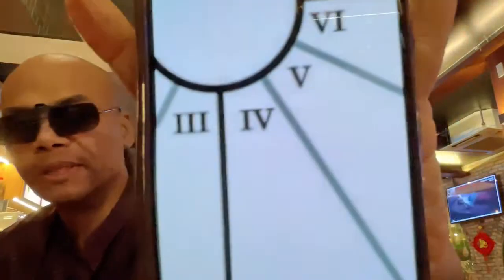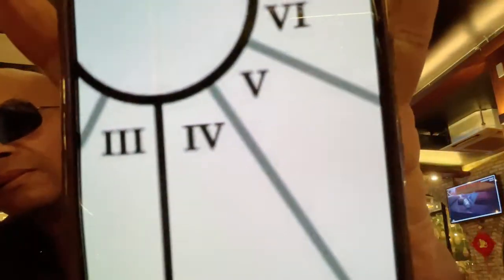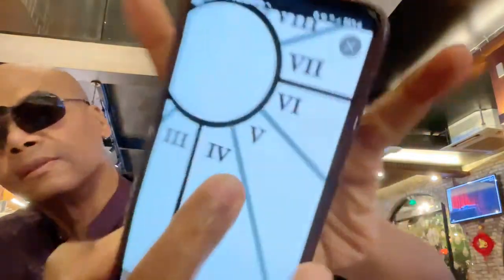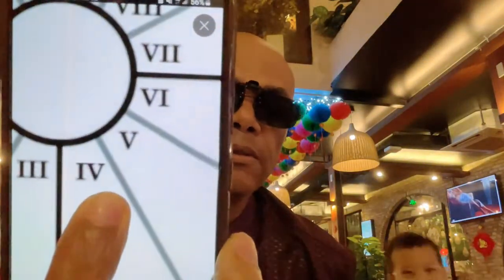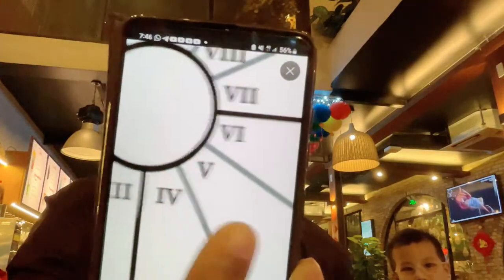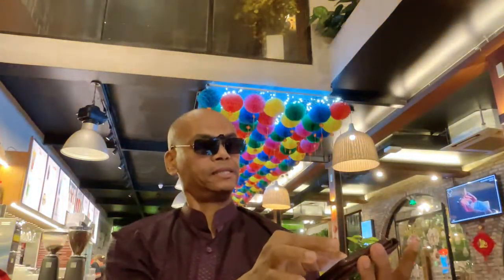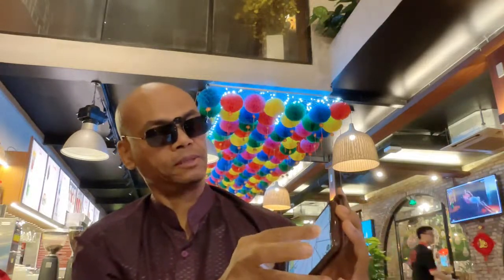So do y'all see the 4th house? It's the 4th house. All right. So it says it's the 7th. Does it say the 7th house from the 10th? So 1, 2, 3, 4, 5, 6, 7. So here's the 10th house.